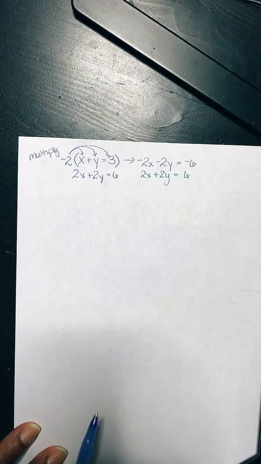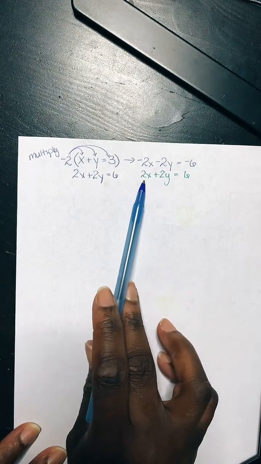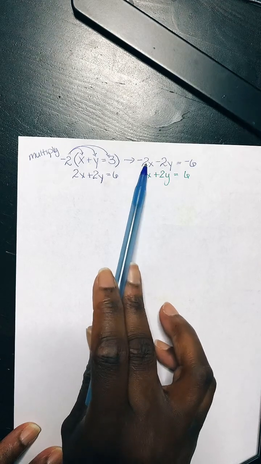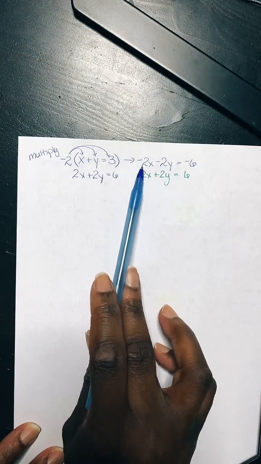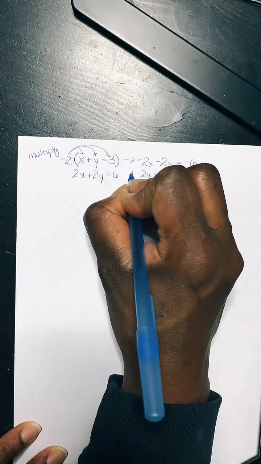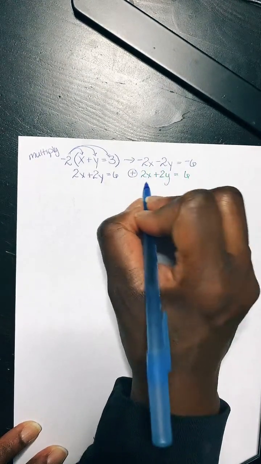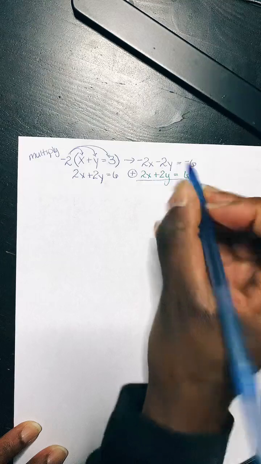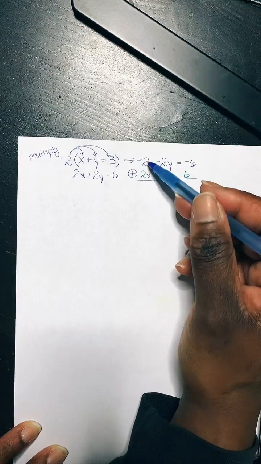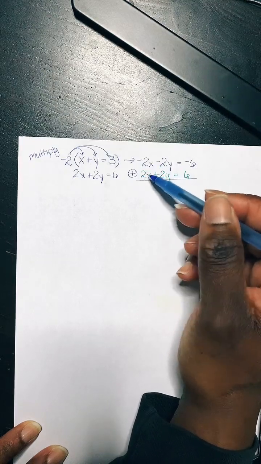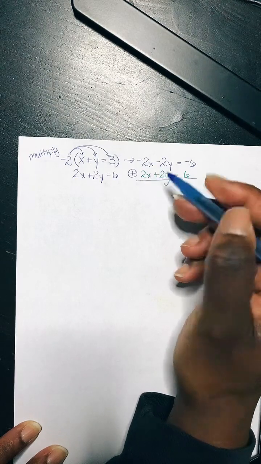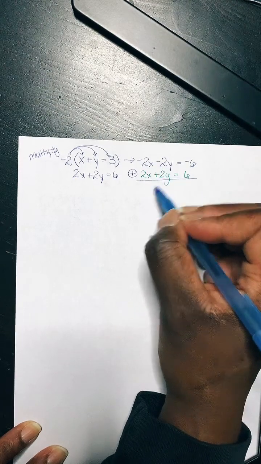This is what's happening. Look what's eliminating. -2. You see why I use a -2? Because if I add these two equations together, they'll cancel out. So a negative plus a positive, same numbers, will give me 0x.